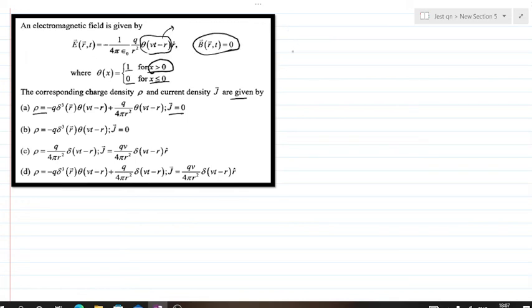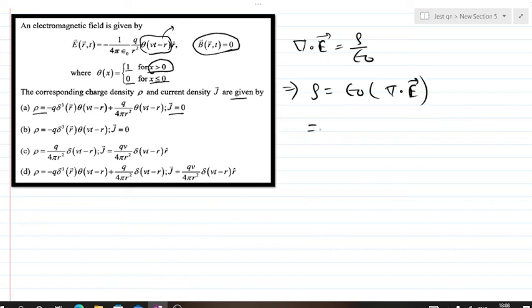So as we know, from Maxwell's equation, divergence of electric field is equal to rho by epsilon naught. So rho will be epsilon naught times the divergence of electric field. For the sake of convenience, let's take it as k.